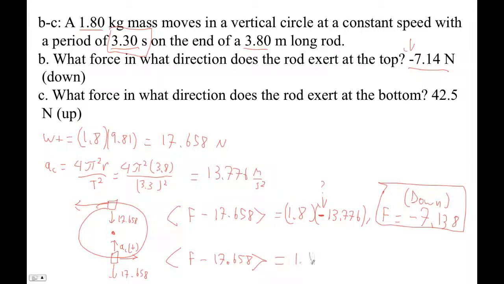And that equals 1.8 times, and then we just go positive 13.776. Okay, so now I'm going to go 1.8 times A, because I stored this value in A. Okay, and then I'm going to add that plus W. I'm getting 42.45 and some change. So 42.5.